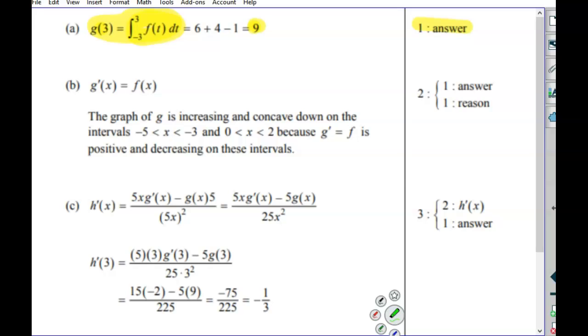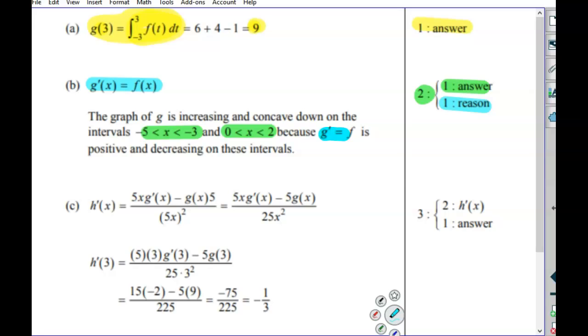Part B was 2 points. You got 1 point for the answer, so there's your point for -5 to -3 and 0 to 2. And then the reason. And notice what they wrote right here. You had to show somewhere that G prime was connected to the graph F. If you don't write that, then none of this makes sense.